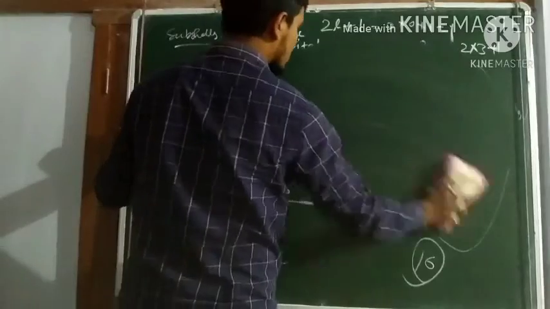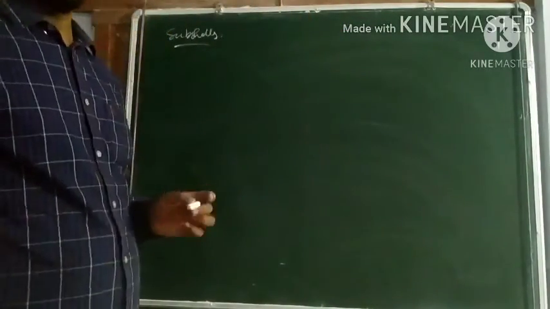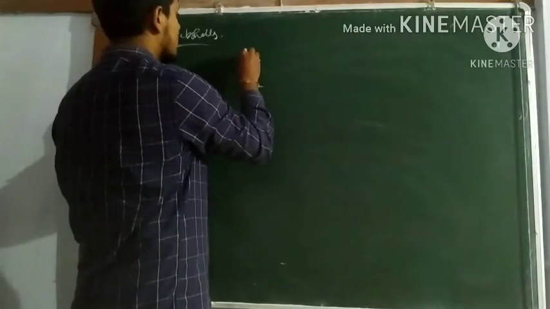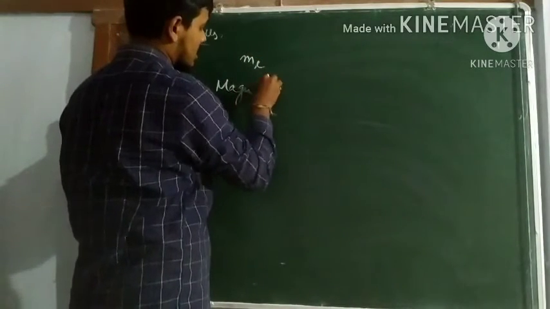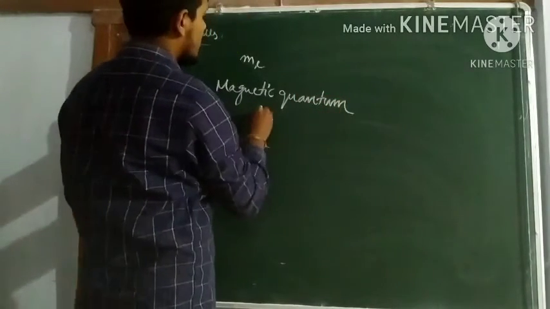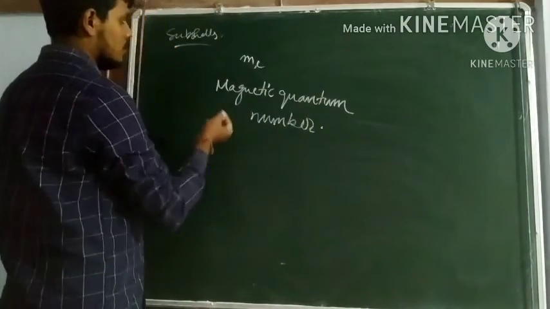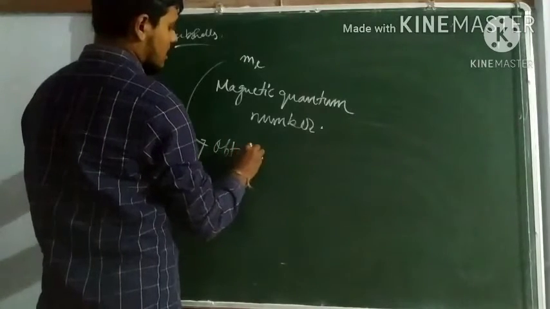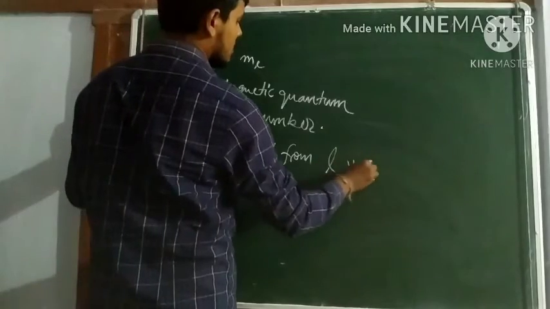So this is all about the orbitals. We have discussed that ml is the magnetic quantum number. The value of ml is obtained from the l values.